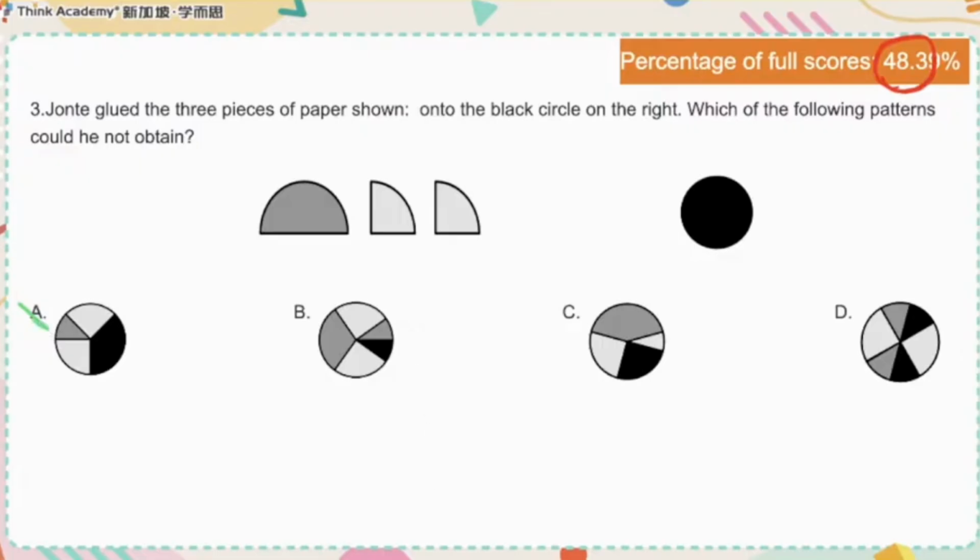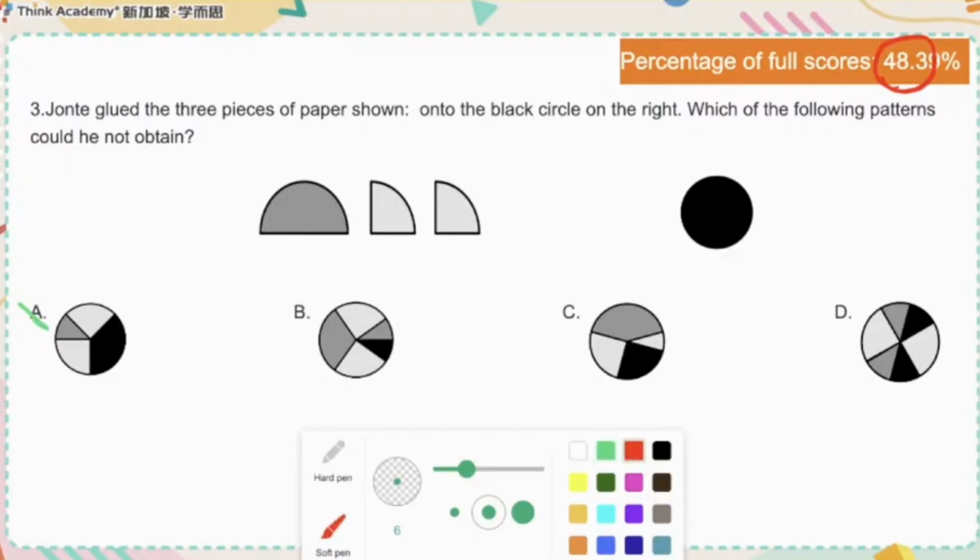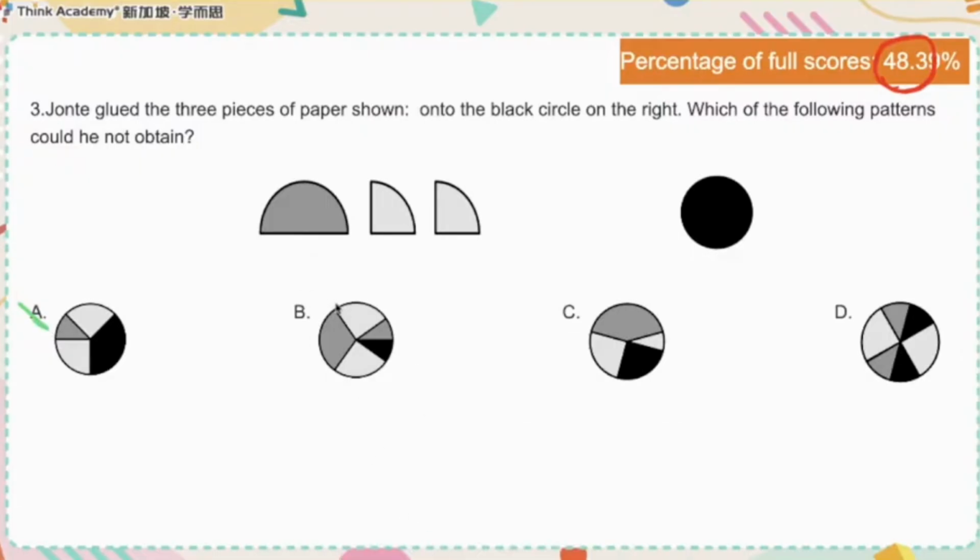Then option B. Just now we say the one on the top, we can see all of the figures, right? Okay, so this time let's take a look. Which one must be on the top? We can call them as piece A, B, C, okay? Which one must be on the top? Yeah, piece B and piece C, right?